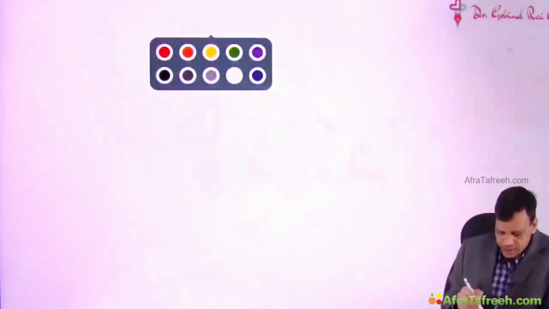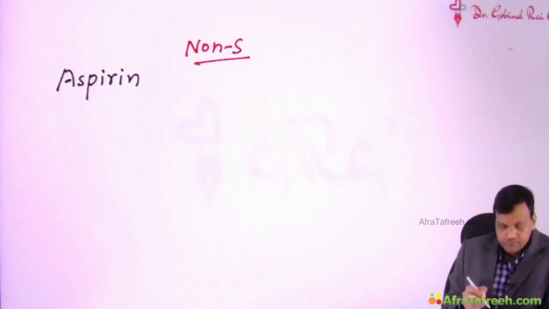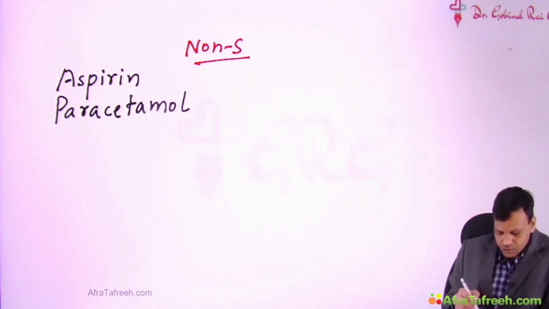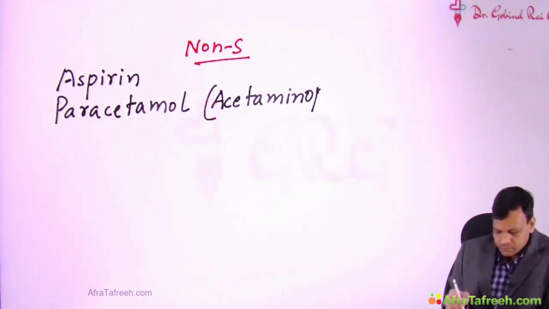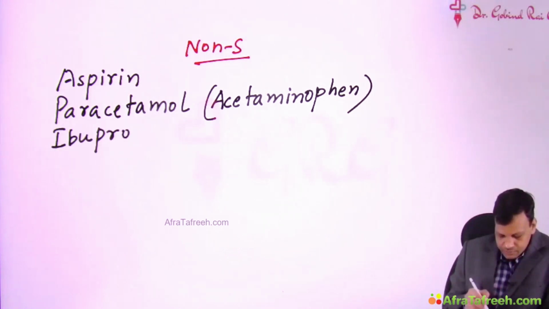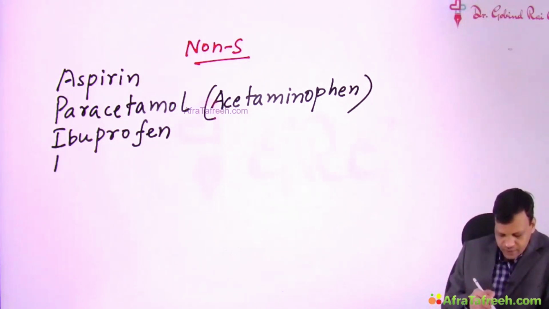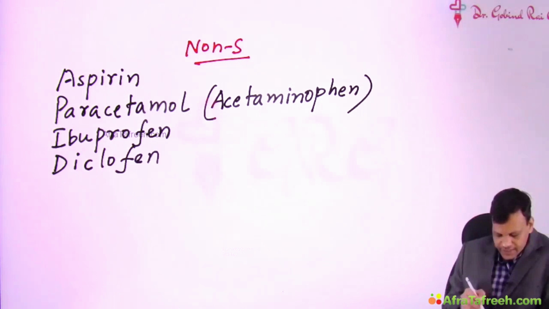Now starting with non-selective COX inhibitors first. The examples of the drugs inhibiting COX-1 and COX-2 are aspirin, paracetamol, which is also known as acetaminophen, then the ibuprofen group of drugs, ibuprofen, flurbiprofen. Then we have diclofenac-like drugs, diclofenac, aceclofenac.